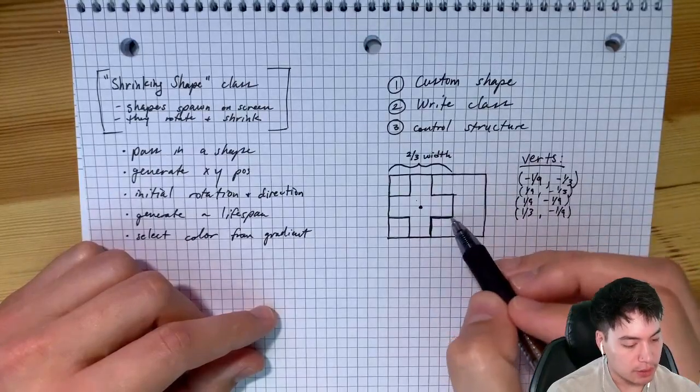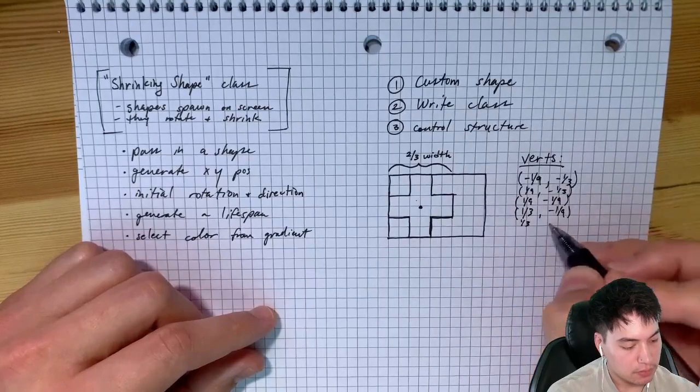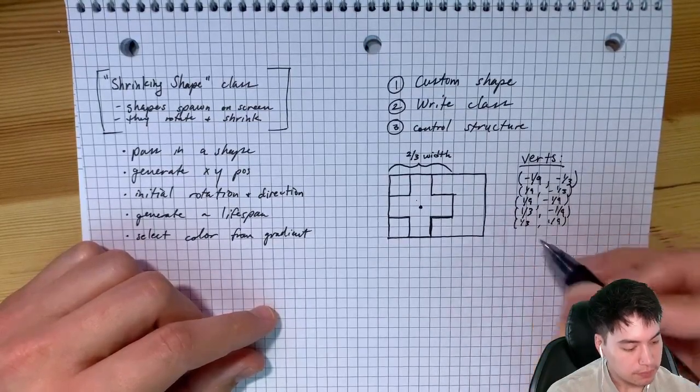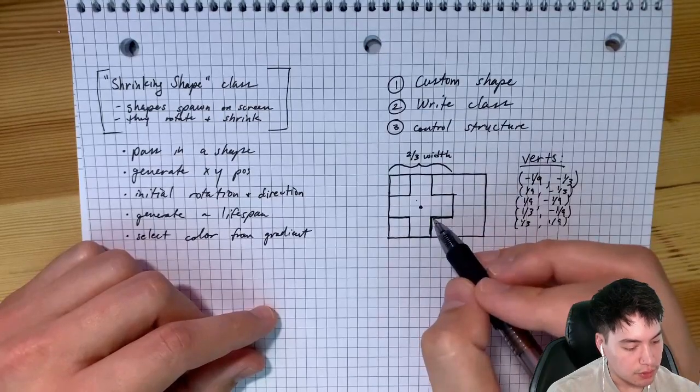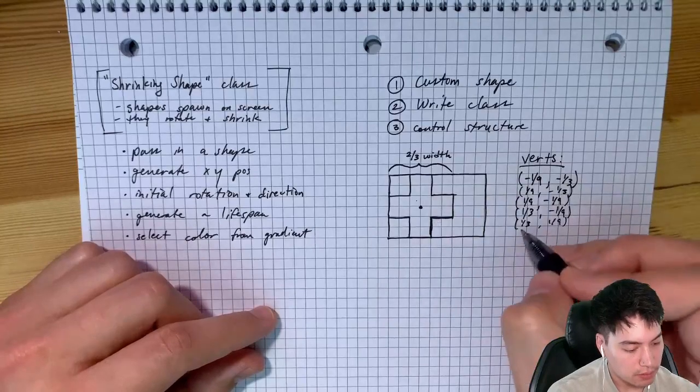This vertex here is going to be positive 1/3, positive 1/9.